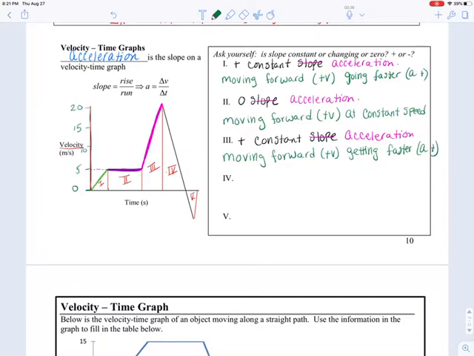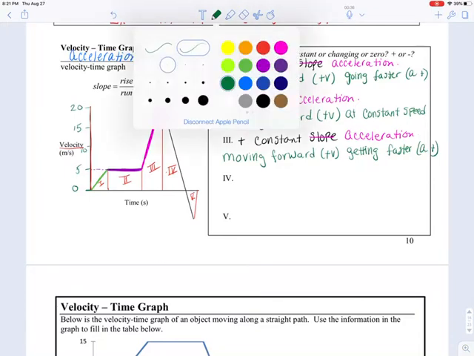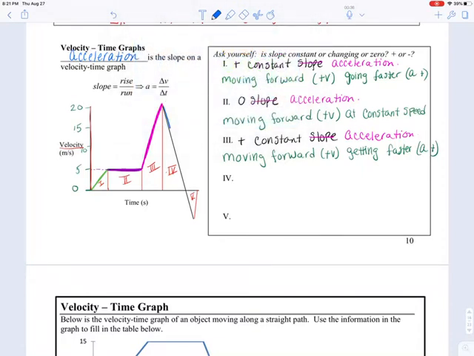Okay, and then number 4, section 4, which I'll do in blue here. It's kind of hard to see. Let me make it. Okay, section 4, I can describe the velocity by, well, let me describe the slope. The slope is a negative constant slope, which is a negative constant acceleration.